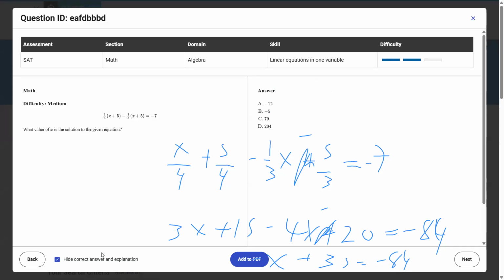This will be minus 5. B minus will be 79.